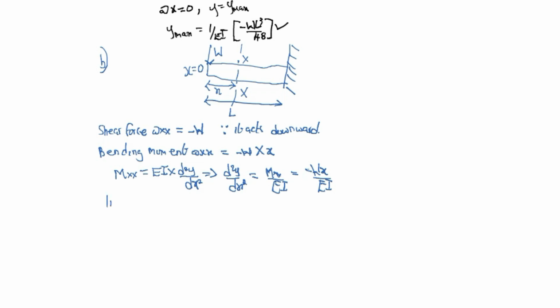So therefore, integrating the above expression once, we get dy/dx equal to 1 over EI times negative Wx squared over 2 plus A, which is a constant, and we already established that A is always a constant, due to an indefinite integral.